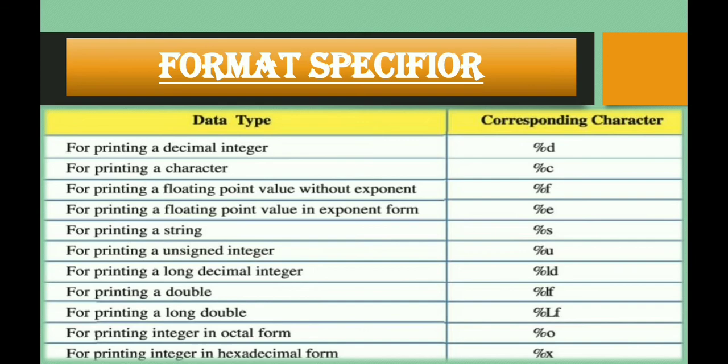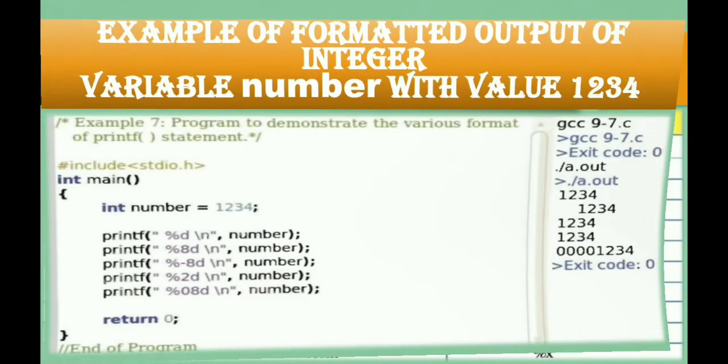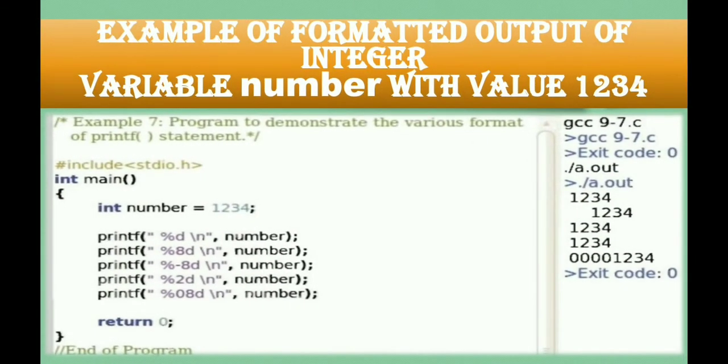Now we will see formatted output with the formattings. First we discuss an example of formatted output of an integer variable number with the value 1234. The program is written where our integer number is declared with the integer data type, and the static input 1234 is given with the assignment operator.